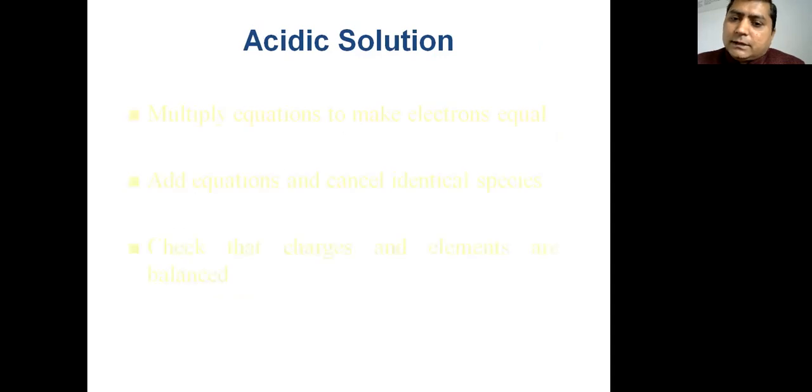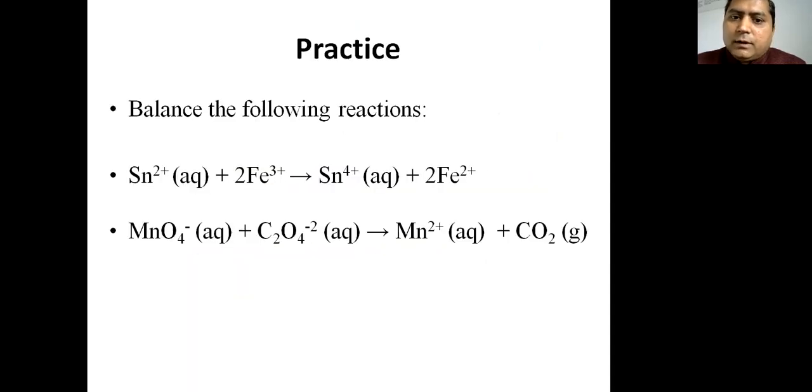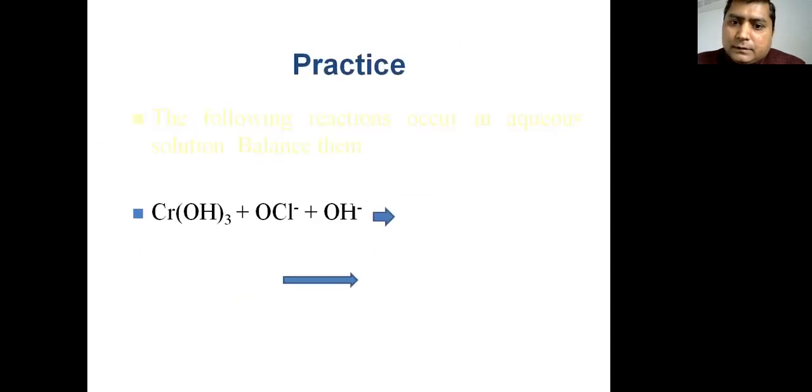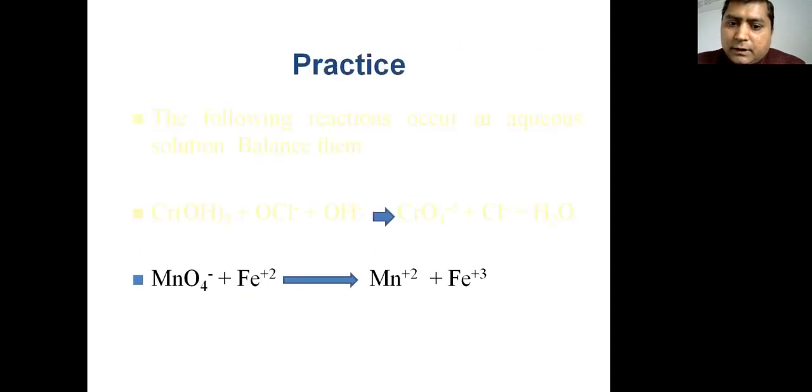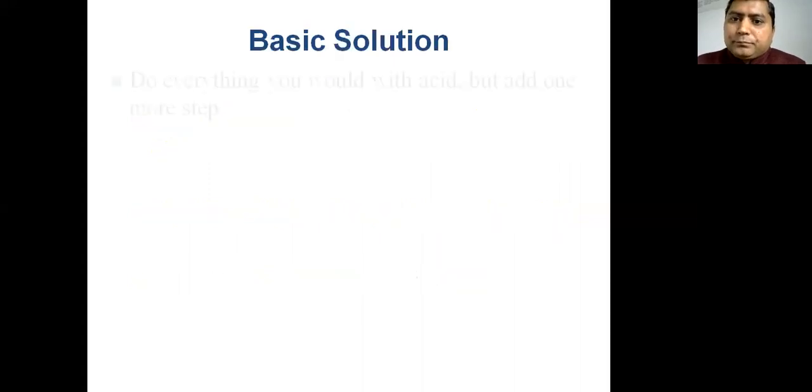You might have discussed balancing reactions at school level as well. We can take one example, MnO4 minus and Fe+2. Fe+2 is oxidized into Fe+3, and Mn is reduced to Mn+2.